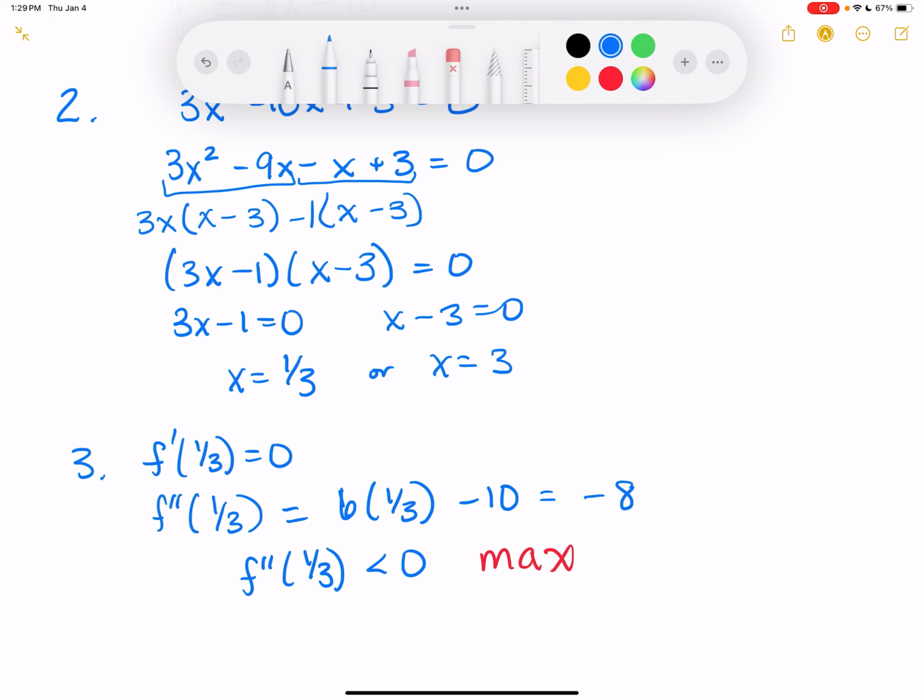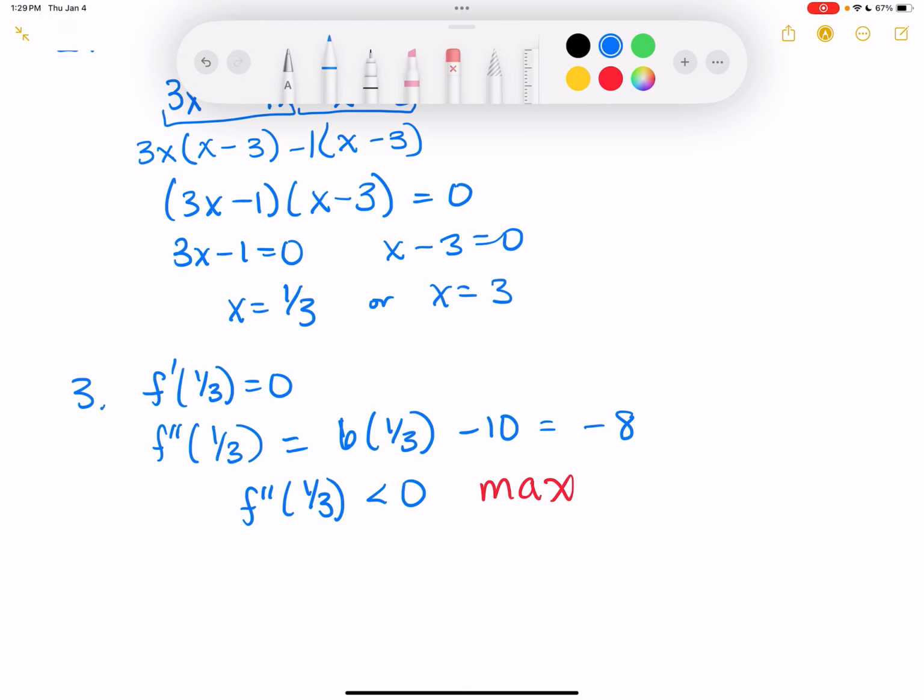Now, because of the way the book does this, I'm going to write it this way. There is a local max at, I'm going to do it in red so you can see it, the point, because sometimes it'll ask where the actual point is, at 1/3, because that was the x value, and then f of 1/3.